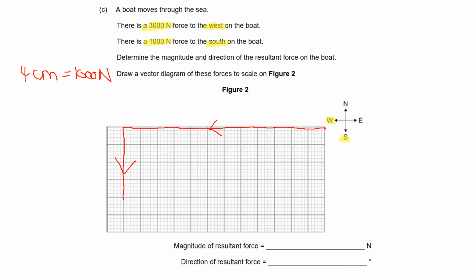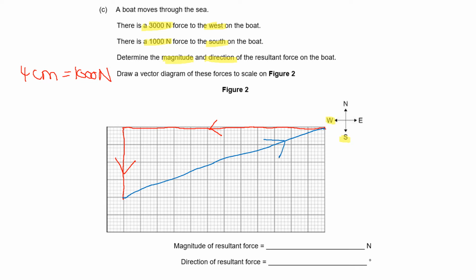The second part of the question then is asking us to determine the magnitude and direction of the force. So we're looking for the magnitude and the direction of the resultant force. Now this is a vector, so the resultant force is going to be the one that completes the triangle. Now obviously this would be done a lot better with a nice pencil and ruler, but we're looking along here.